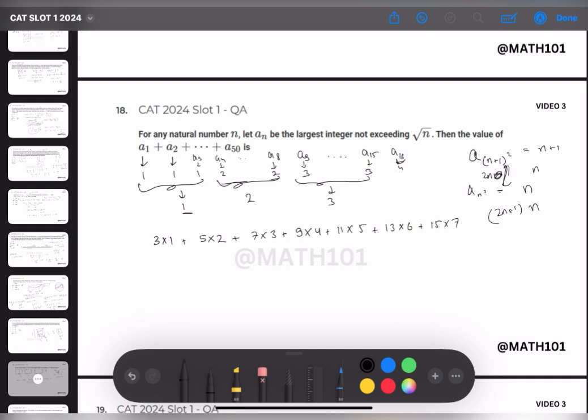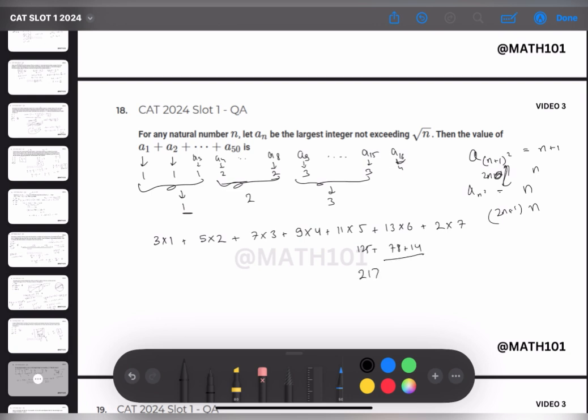So a49 and a50 both are 7. This is 3 plus 10, 13 plus 21, 34 plus 36, 70 plus 55, 125 plus 78 plus 14. 78 plus 14 is 92.